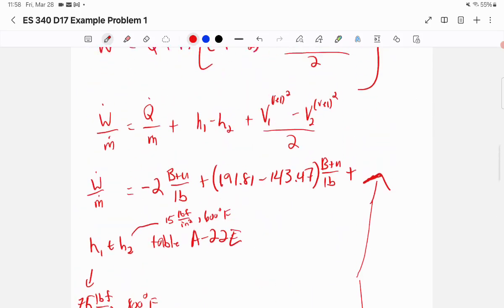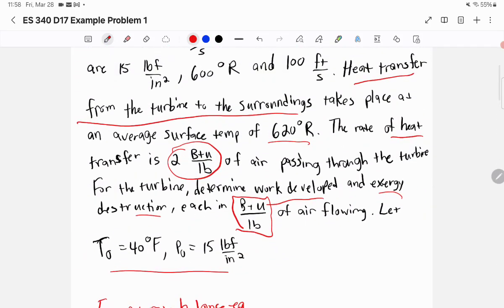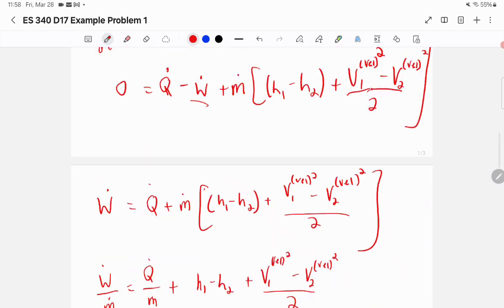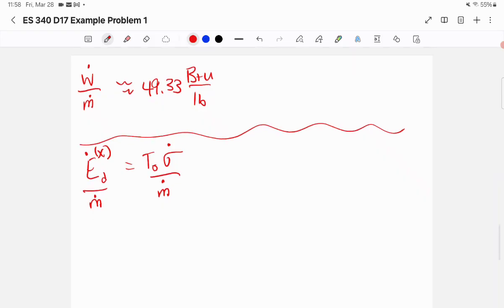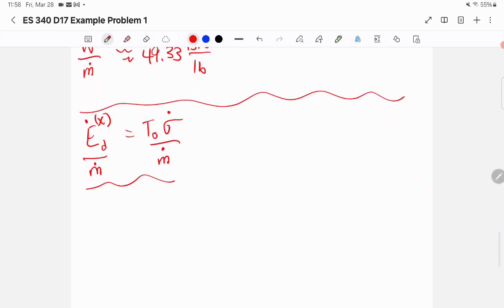And by the way, what we were asked for was again in BTU per pound, both of them. So what we're really going to be looking for is over M dot. So the exergy destruction rate in this case, E dot, from the notation from the book, is going to have a dot on it. That's what we're going to be looking for.